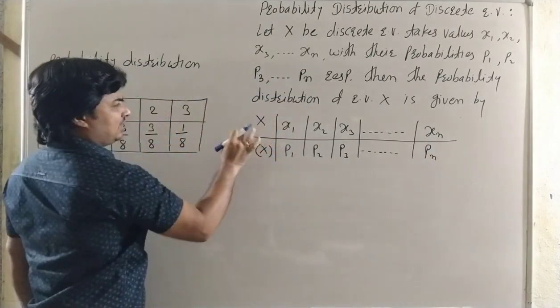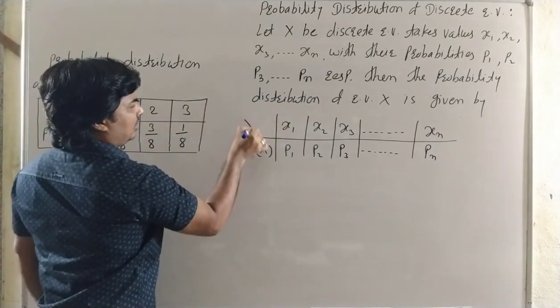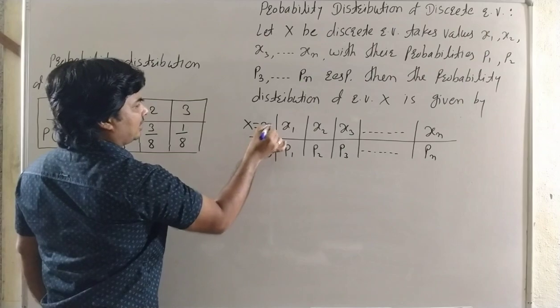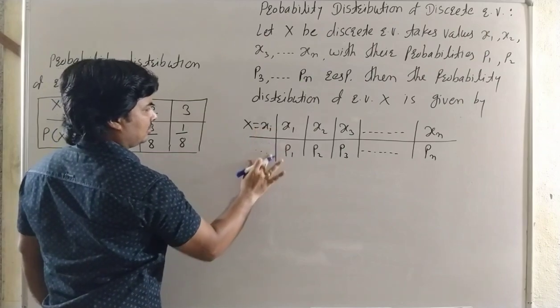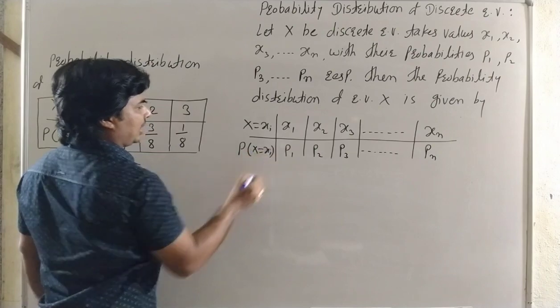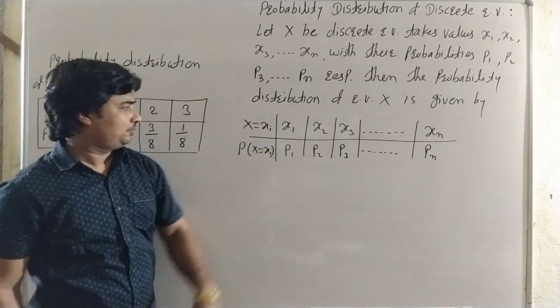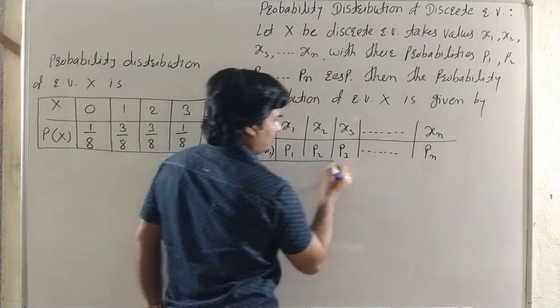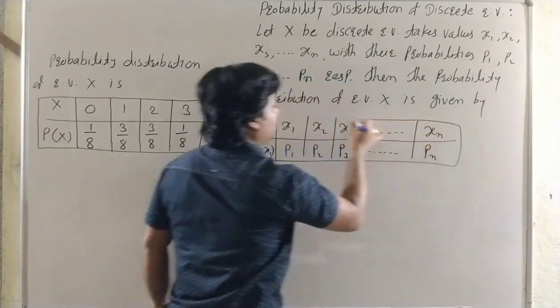Here we can also write x equal to xi and the probability of x equal to xi, where i is equal to 1 to n. And here it is a probability distribution.